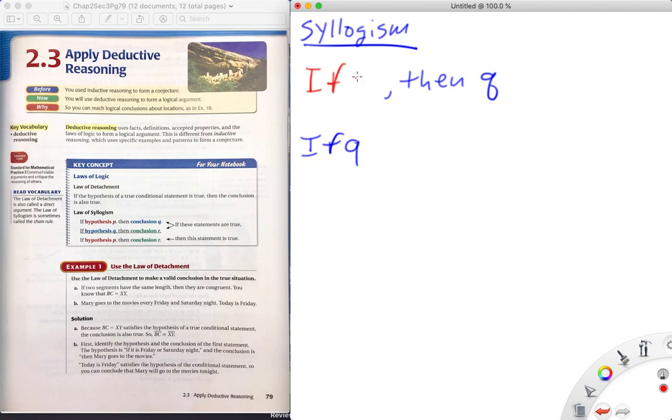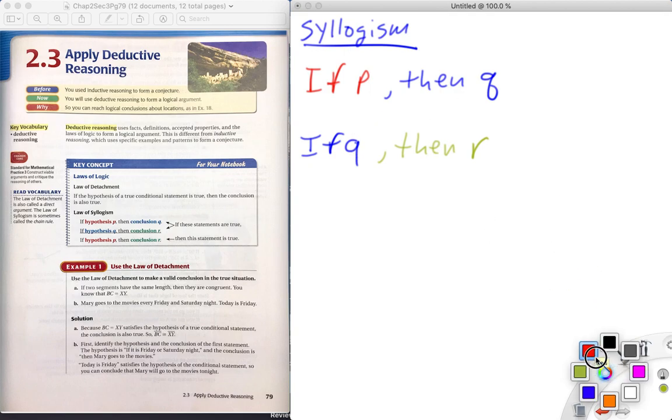I hate P and Q because I flip my P's and my Q's. So if I have the hypothesis P, then I have the conclusion Q. If I have the hypothesis Q, then I have the conclusion R.